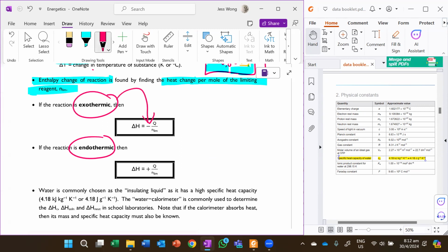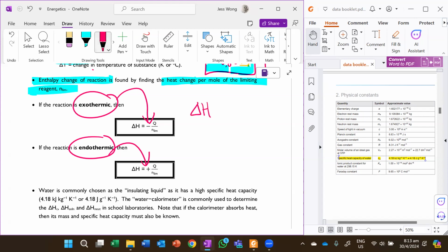If the reaction is endothermic, you must put in positive and carry it along with you. Most enthalpy change calculations are based on moles of limiting reagent.